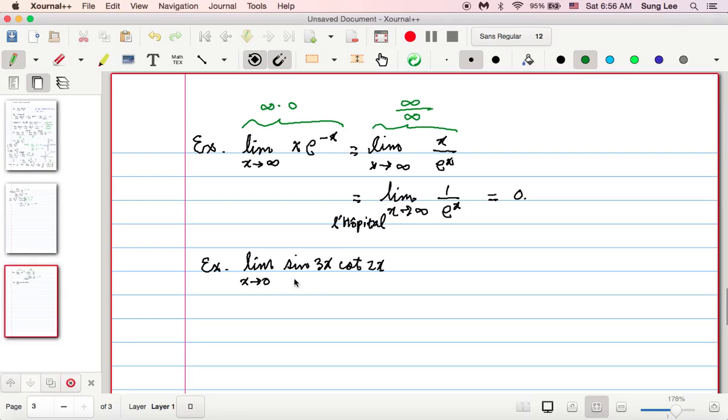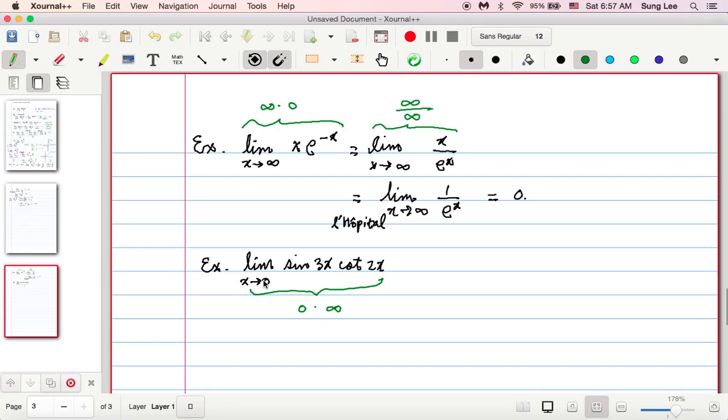When x goes to 0, sine 3x goes to 0, and cotangent is what? Cosine over sine. So cosine 2x over sine 2x. That's going to go to infinity. Okay, so this whole thing is 0 times infinity type indeterminate form.